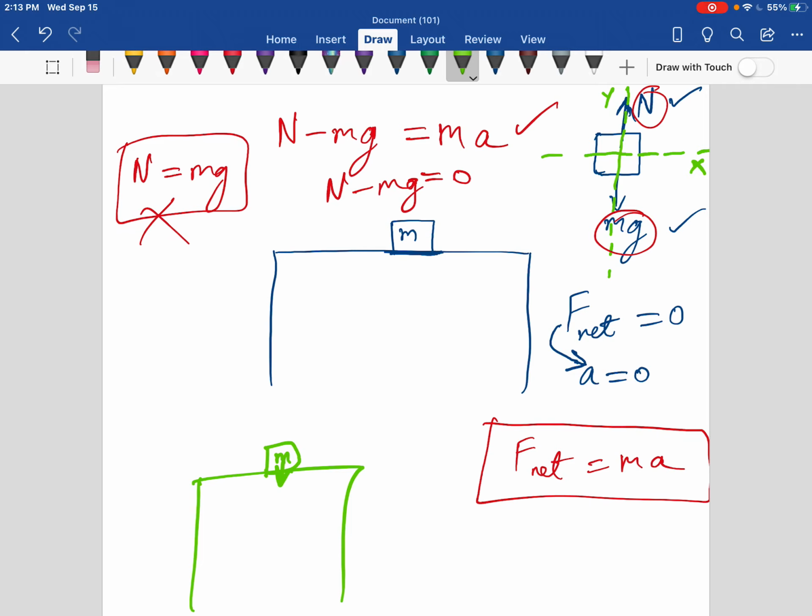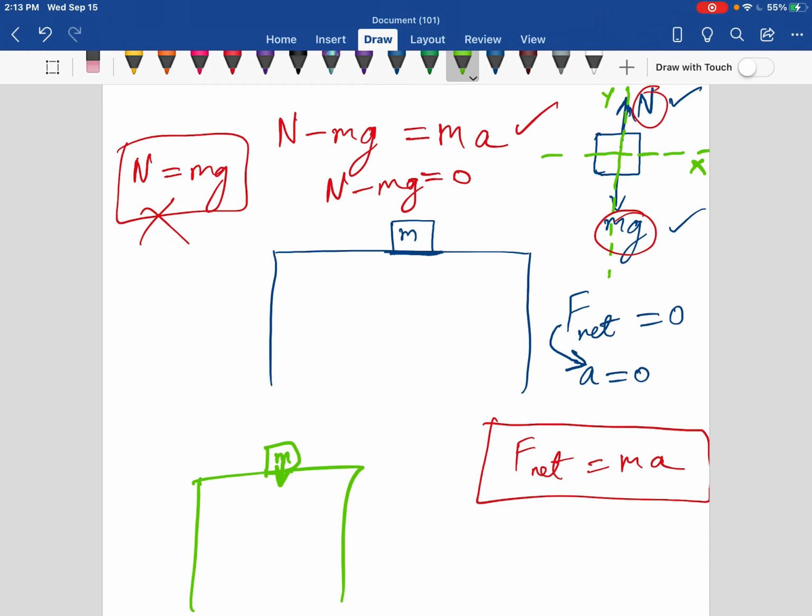Page number 153, you can see Newton's third law of motion. You can see the statement given over there. Whenever one body exerts a force on a second body, the first body experiences a force that is equal in magnitude and opposite in direction to the force that it exerts.